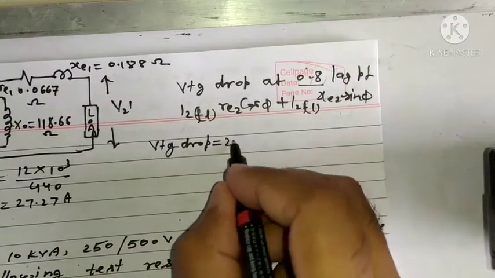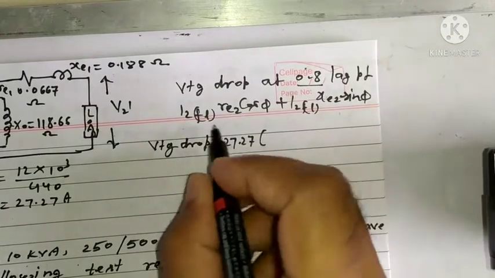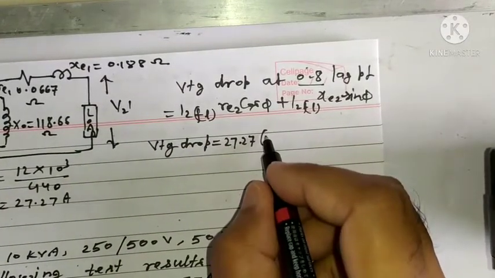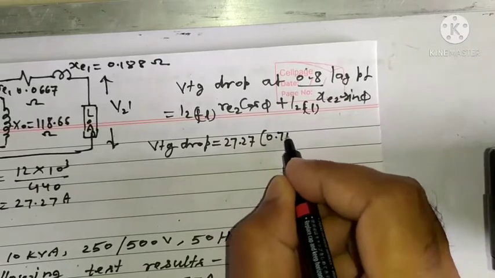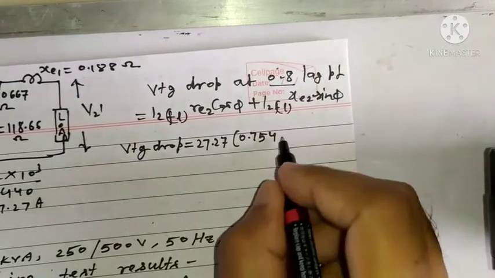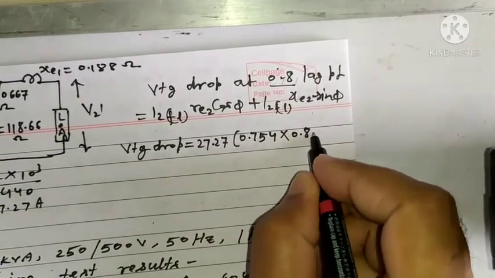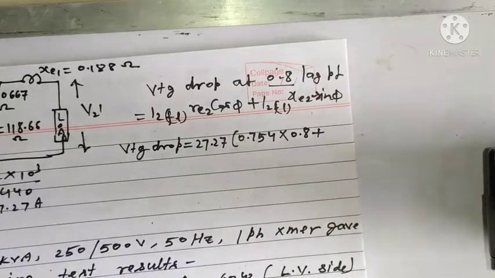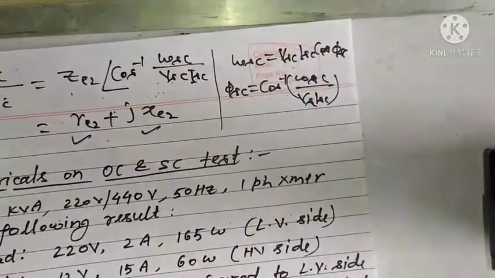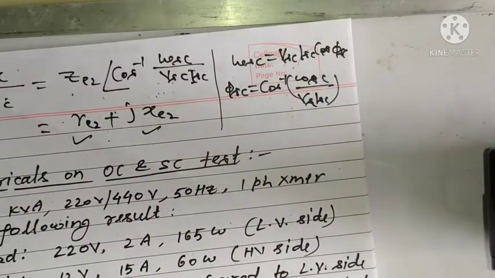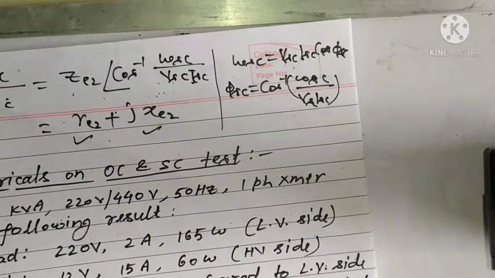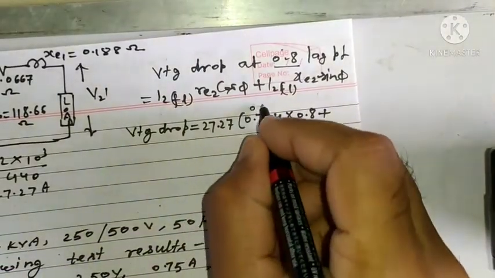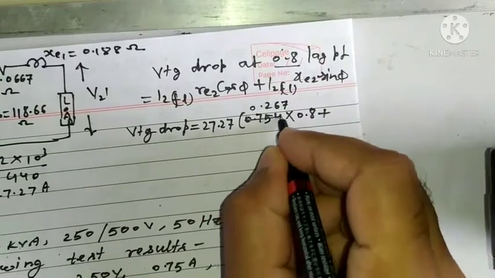Therefore the voltage drop will be 27.27, taking I2FL common, in the bracket Re2 0.267 into cos phi 0.8 plus Xe2 0.754 into sin phi 0.6. Sorry, Re2 was 0.267.